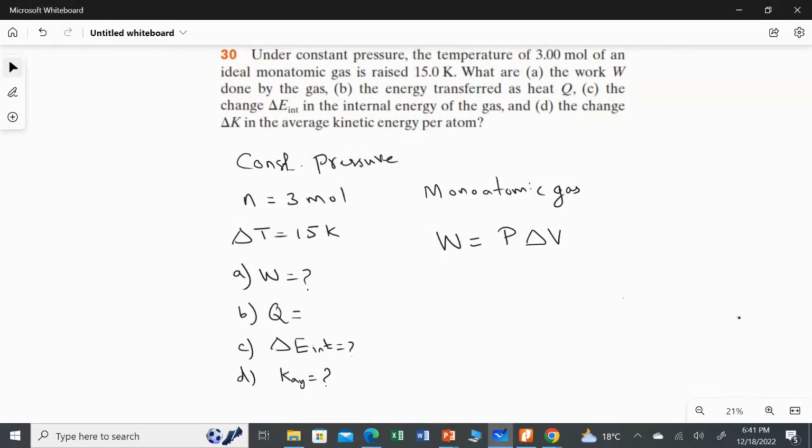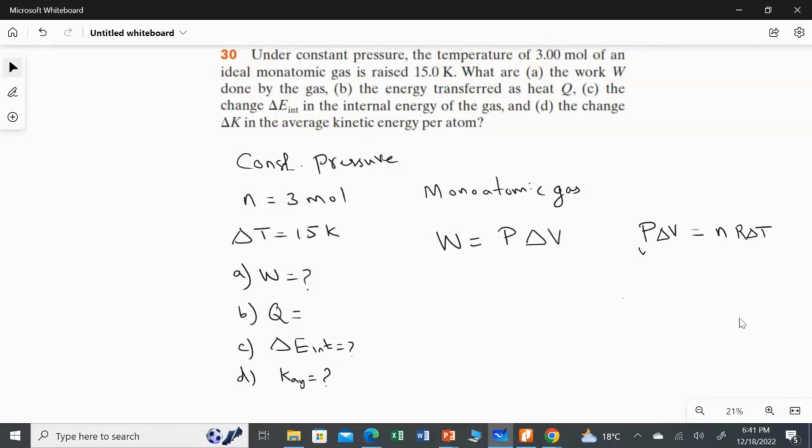Now we don't have any information about the pressure or the change in volume, but they mention it is an ideal monoatomic gas, so we can use the ideal gas equation. As we already studied, PV equals nRT, right? Because here the pressure is constant, the only changing variables are the volume as well as the temperature.